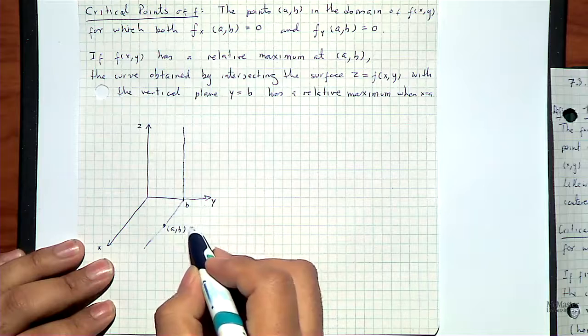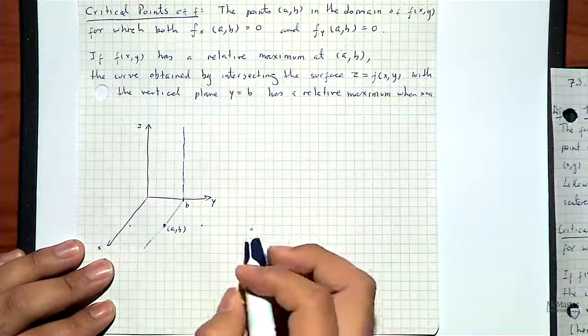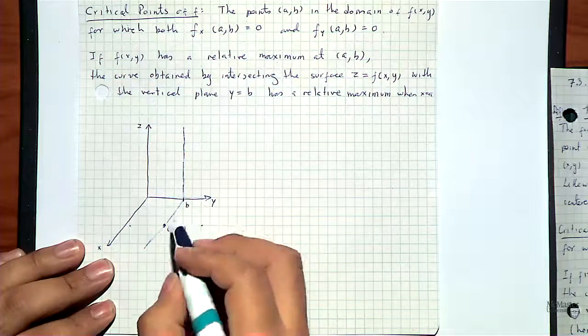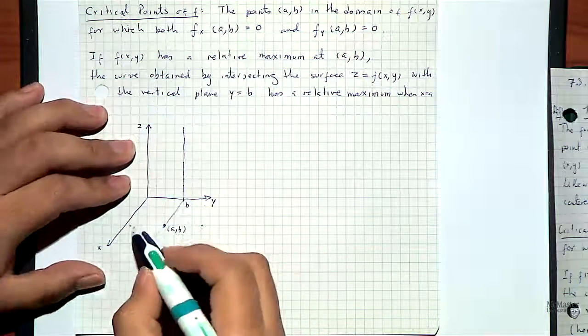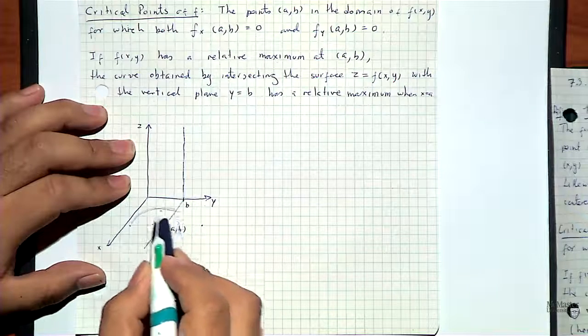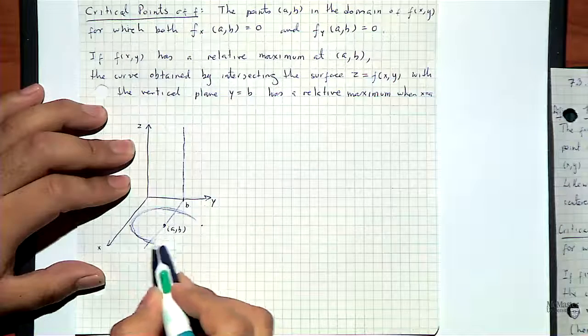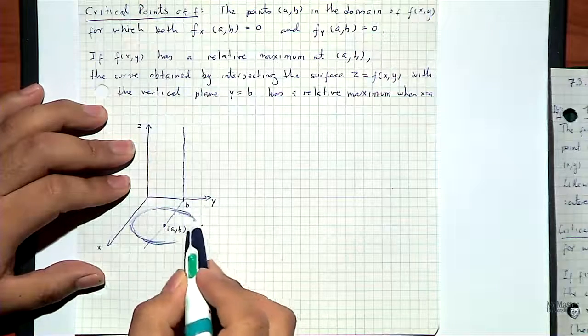So we're going to draw the surface now and then draw the intersection of that surface with the plane. So you would have something along the lines of this. I'm trying to be systematic in the way I draw this so that the figure looks better.